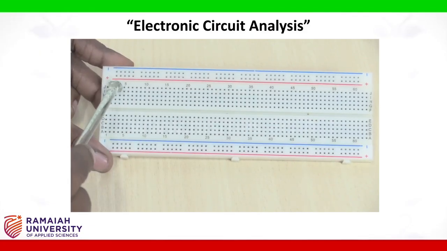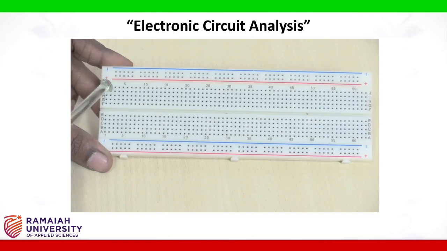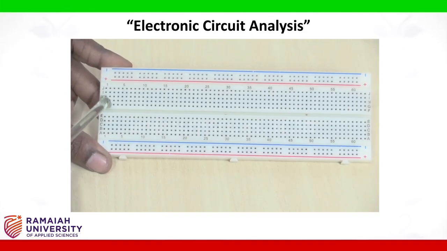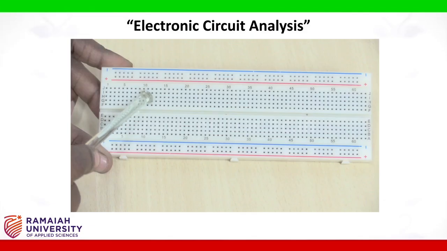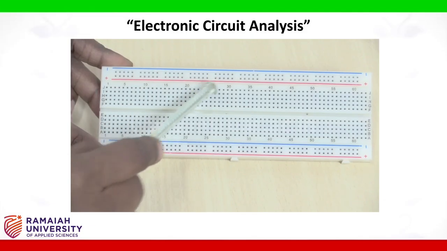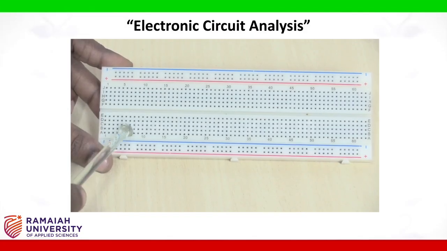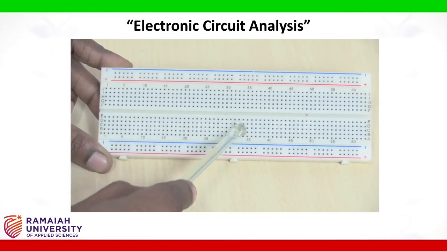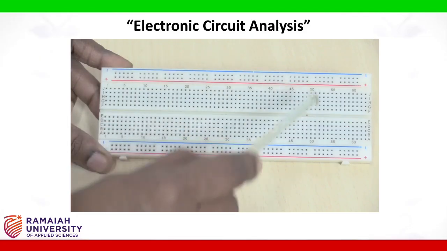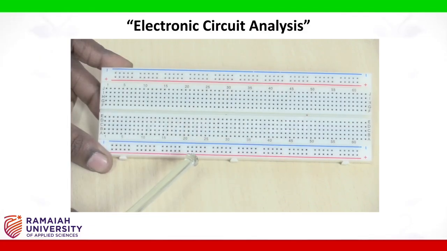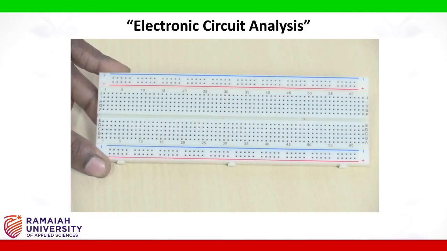In these two, we have 1 to 5 connected in series. So in each column, all the 5 are connected. Here also, in each column, all the 5 are connected. Based on the connection settings, we have to use appropriately.